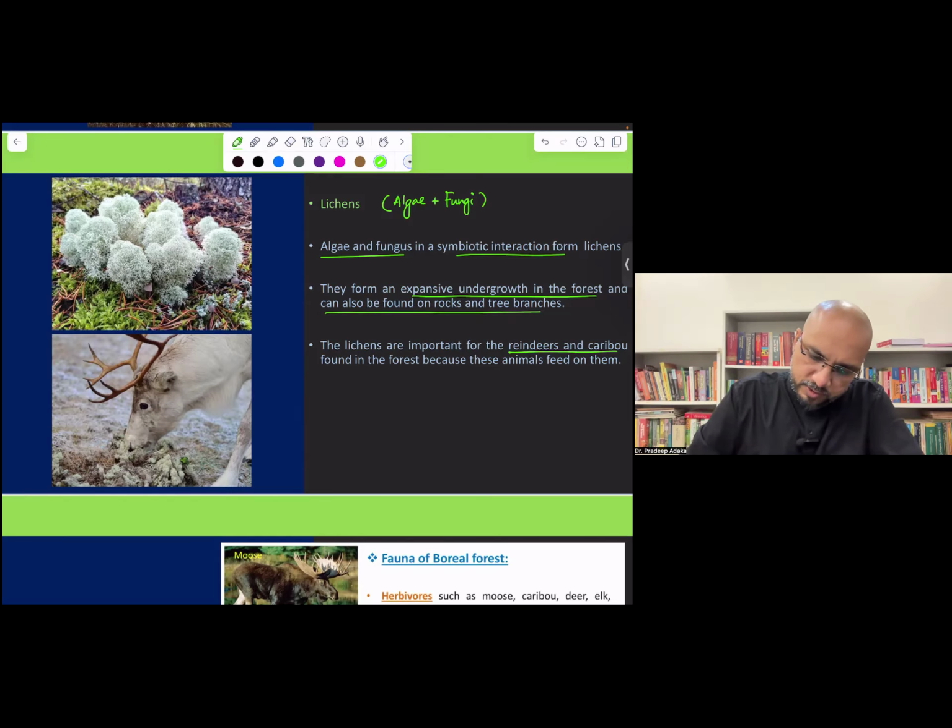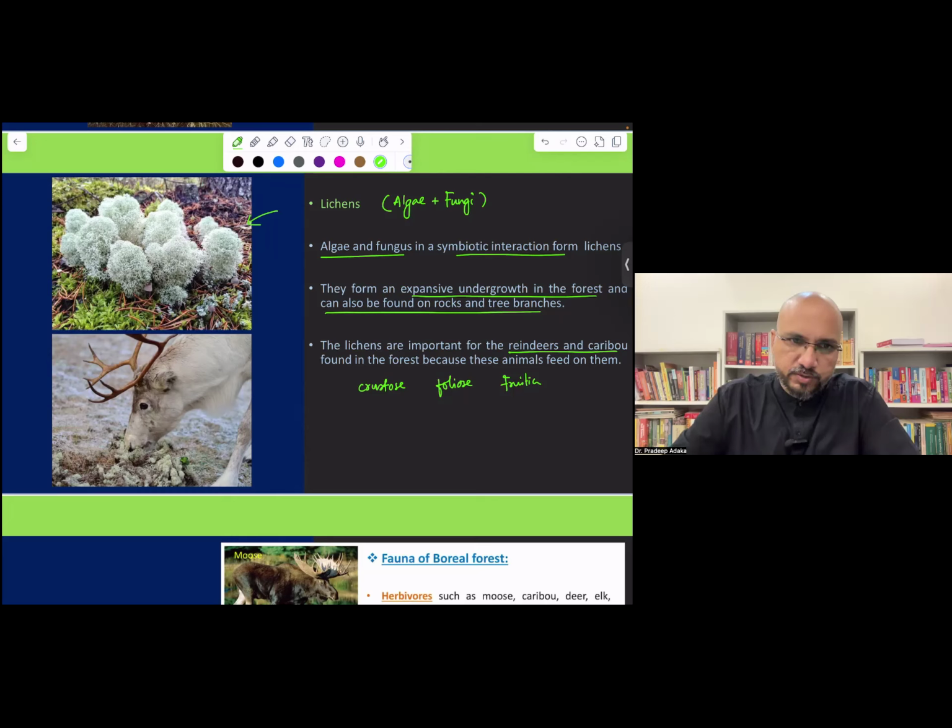Lichens again have different forms. You have crustose, then you have foliose, and you have fruticose. Fruticose is where they are shrub-like, they have tiny branches and look like a shrub.